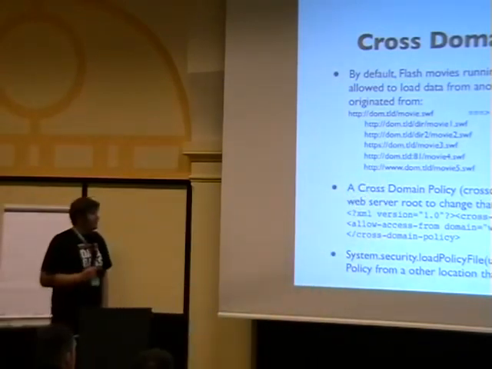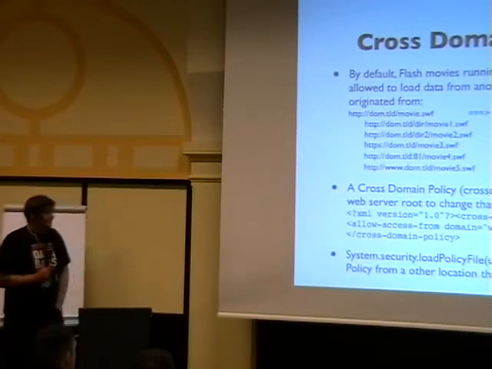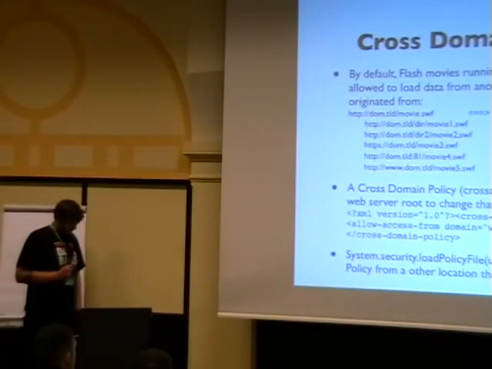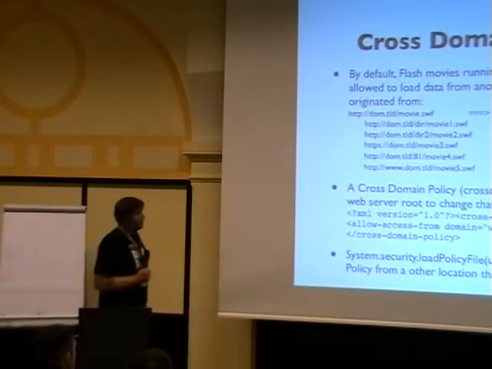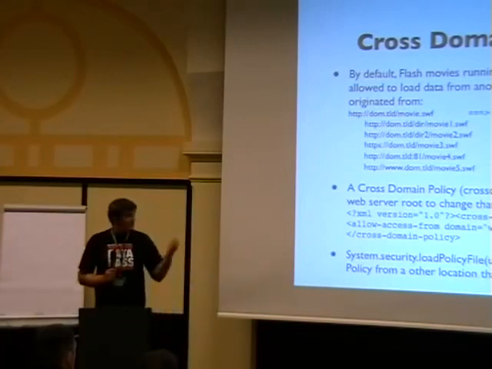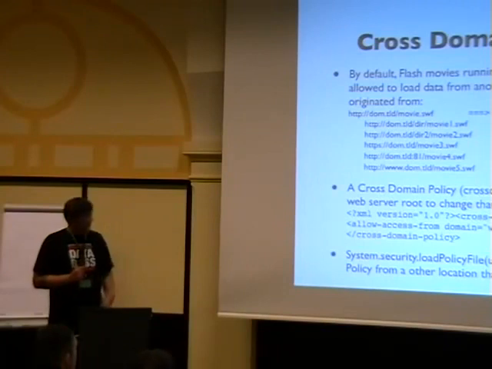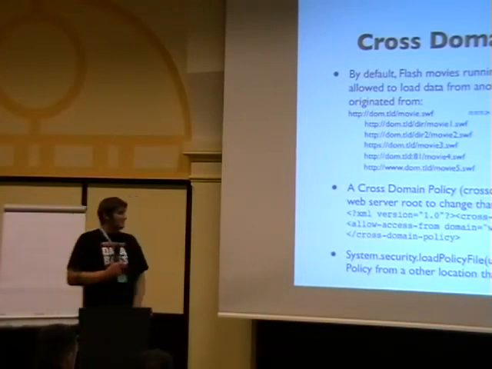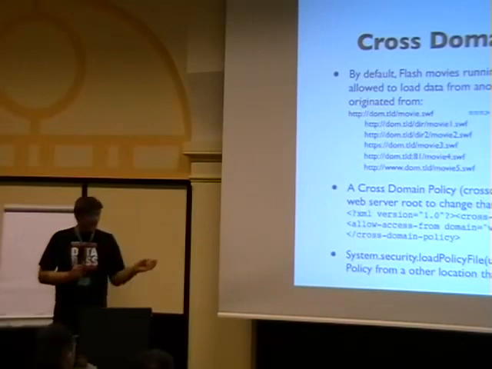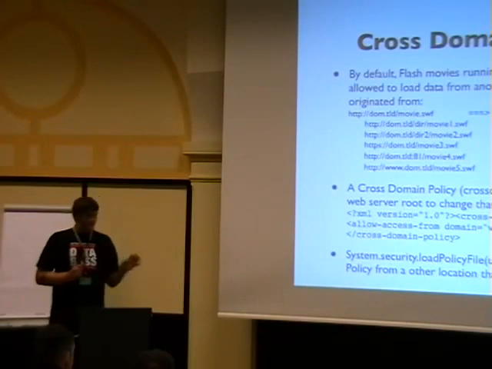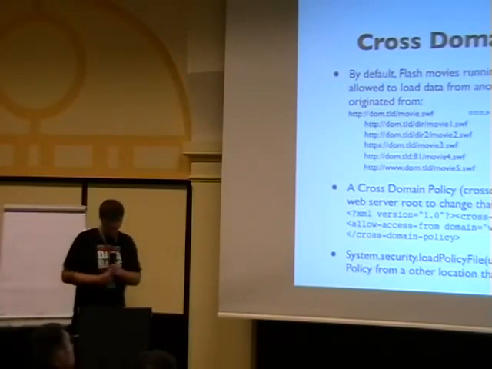But you can supply a cross-domain policy file where you can tell that a movie is allowed to load data from another domain and to what ports it can connect. And as I said, you can supply System.security.loadPolicyFile. So if you want to have the cross-domain policy in another location than the default, you can use that.